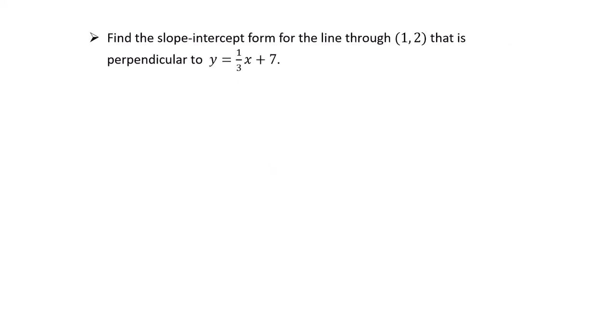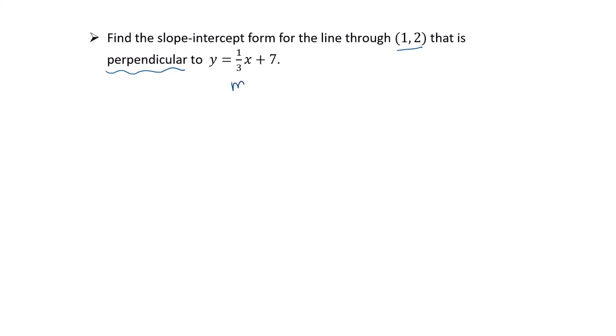Here we want to find the slope-intercept form for the line through 1, 2 that is perpendicular to y equals 1/3 x plus 7. Okay, so remember we have to have a point and some slope in order to get the equation of a line. The reason they're giving us this perpendicular word is to say we have some information about the slope.